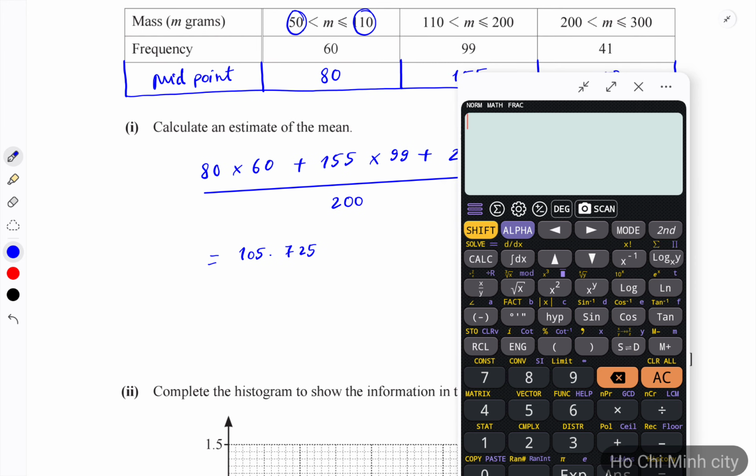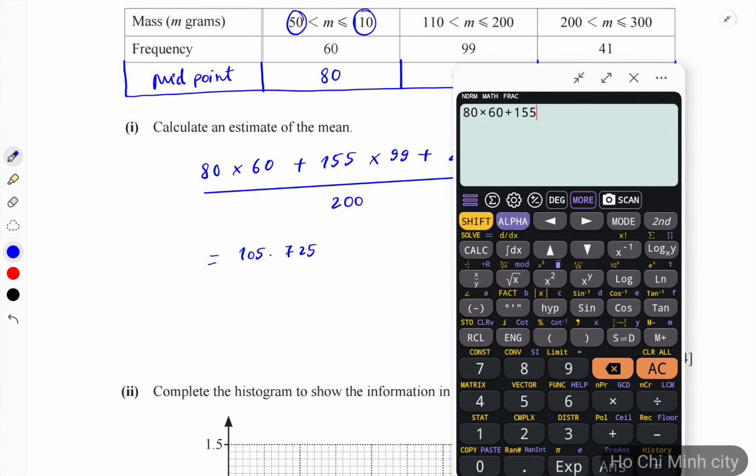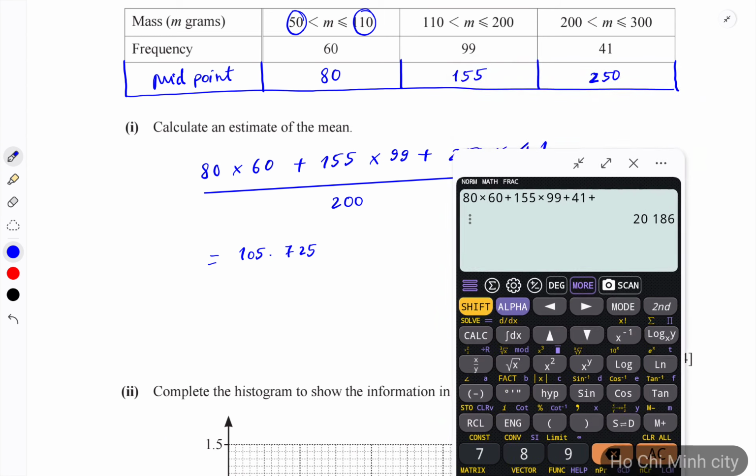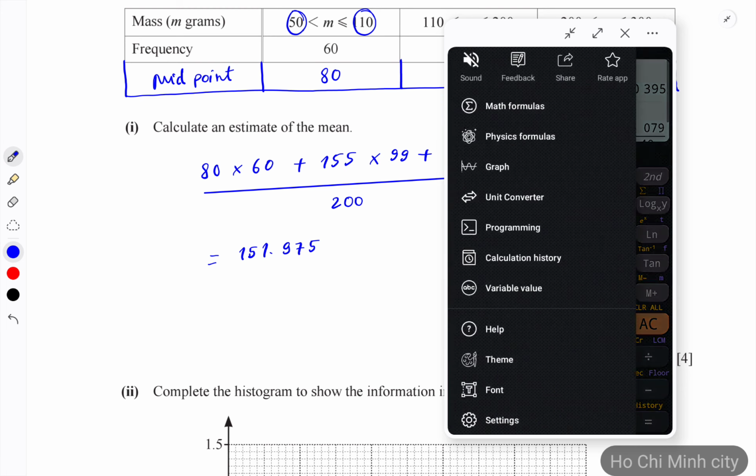Eighty times 60 plus 150 times 99 plus 41 times 250. All right, so divided by 200. All right, so the answer is 151.975. I think the mistake that I have made is with the inputting, right?